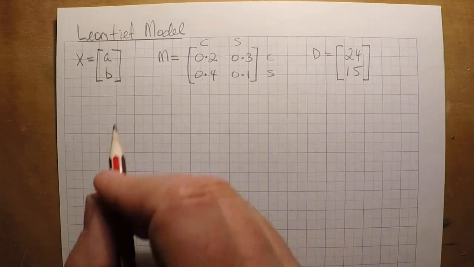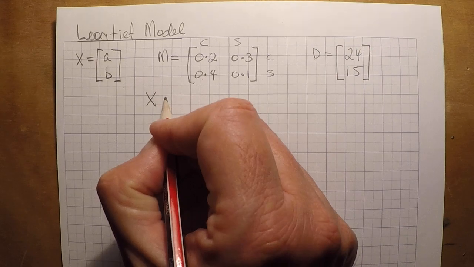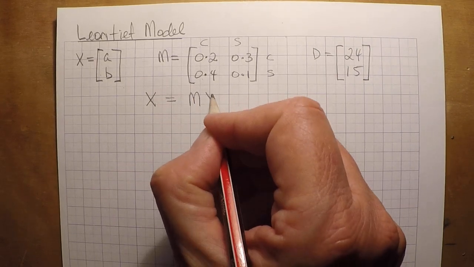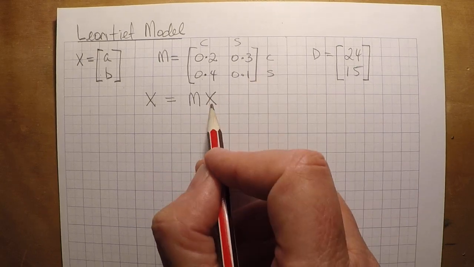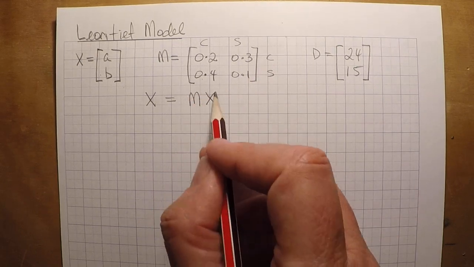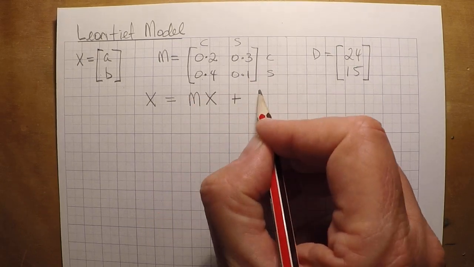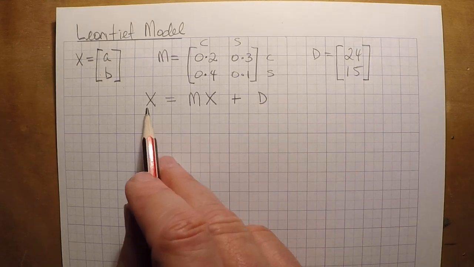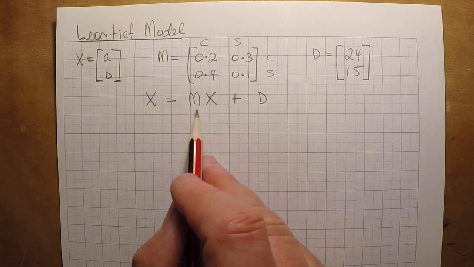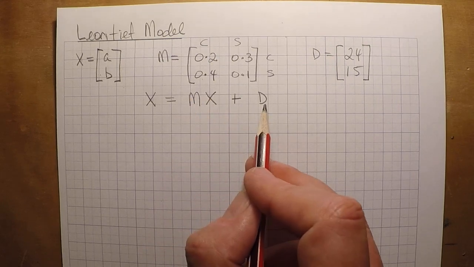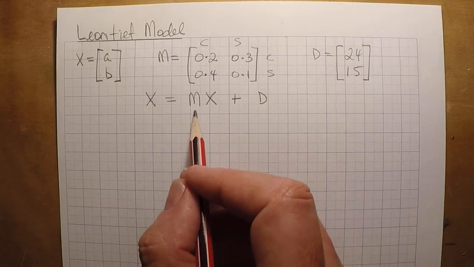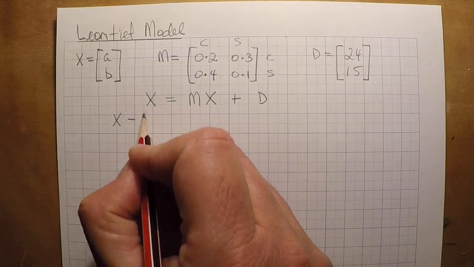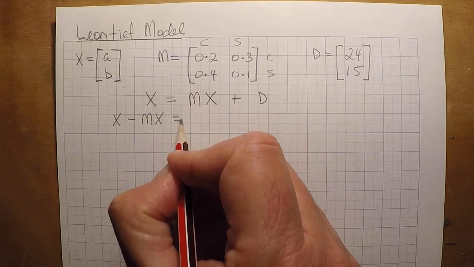Now, the Leontief model is written in the form of a matrix equation: X equals the exchange matrix M times X, which calculates internal demand, plus D, external demand. So think of this as total production must meet internal demand plus external demand. To solve for X, the first step is to subtract MX from both sides.